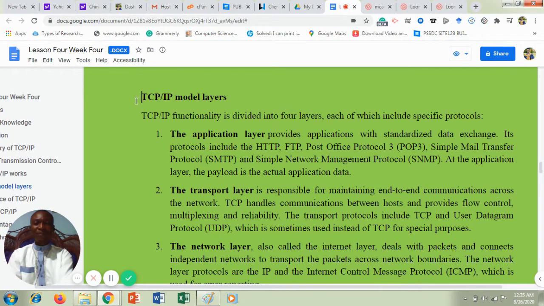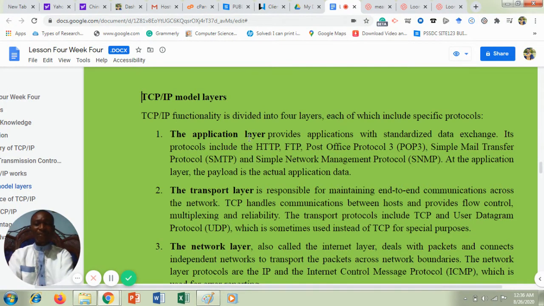Now, what are the layers of TCP/IP? You have four of them: the application layer, the transport layer, the network layer, and the physical layer. Now let's pick them one after the other.